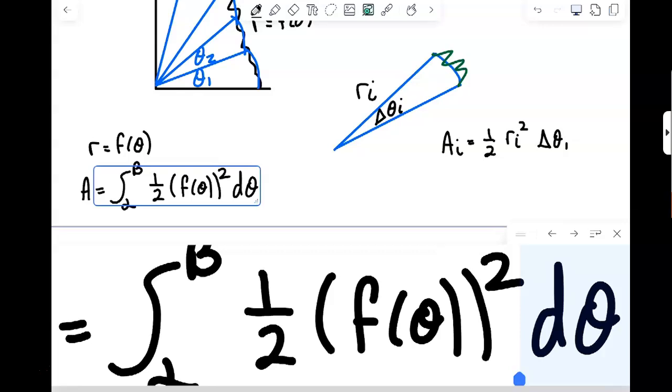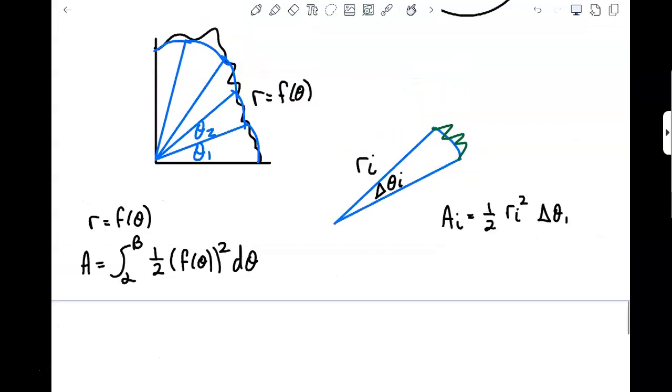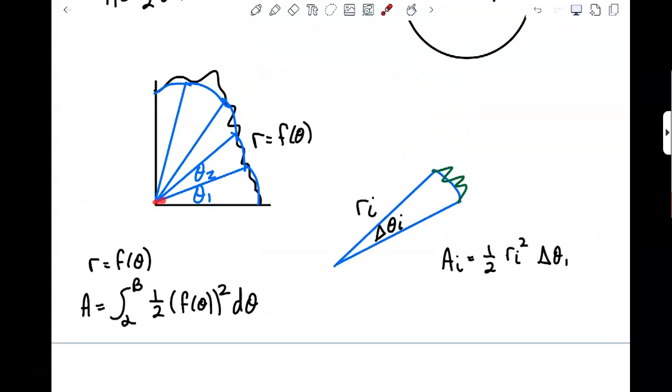Now, it's very important that when you're doing these, you're measuring from the center out, and the radial function is whatever that distance is from the center out. This is important if we're looking at areas involving more than one radial function, some area between two regions or something like that, which we'll get to a little bit later.